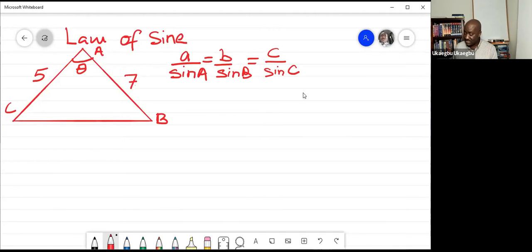What that means is you can use a combination of any two: A and B, or B and C, or A and C, depending on what is given to you.